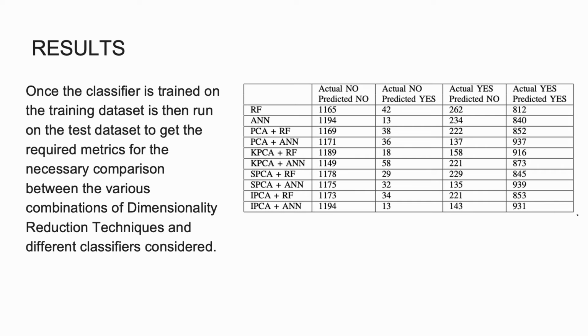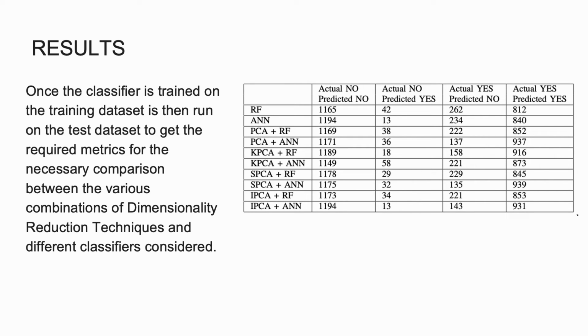The results consist of all the 10 experiments that we have done, that is running the random forest independently, running the ANN, running the PCA combined with random forest, PCA combined with ANN, KPCA combined with random forest, KPCA combined with ANN, sparse PCA combined with random forest, sparse PCA combined with ANN, IPCA, that is incremental PCA, with random forest, and IPCA with the ANN or neural network.